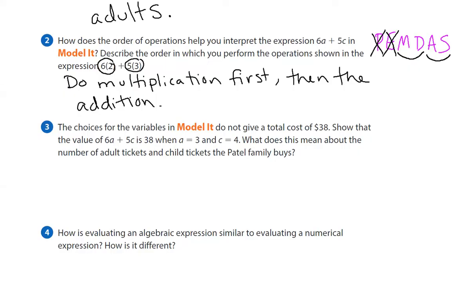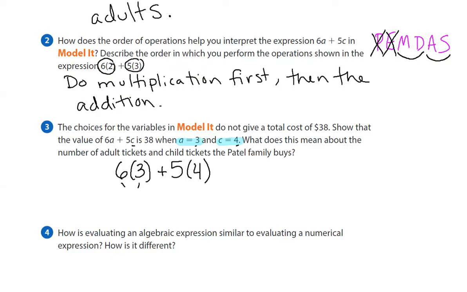So basically it wants you to plug in 3 for A and 4 for C and write out how you would solve that. So we're going to do 6, but instead of A, we're putting 3. And that means multiply when we write it like that. And then we're going to put 5, but instead of C, we're putting 4. And we're going to see, does that equal 38?